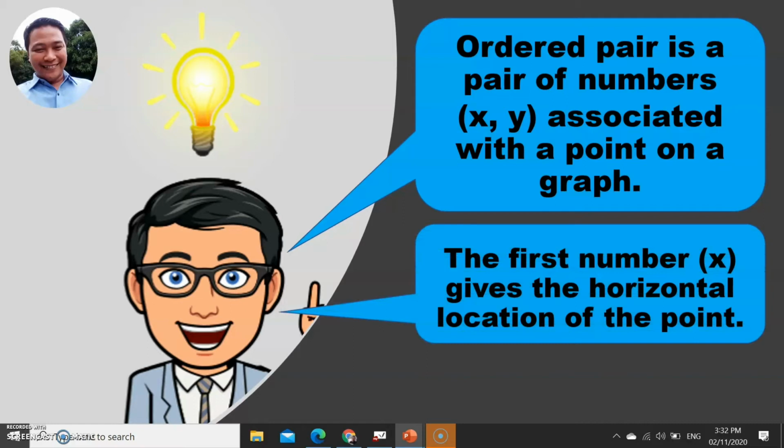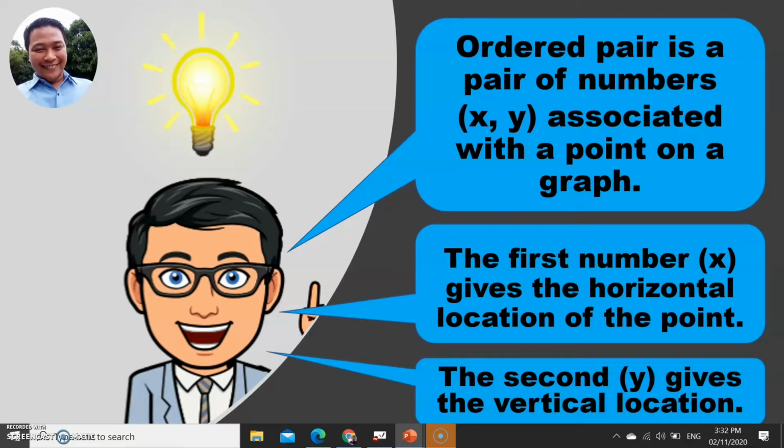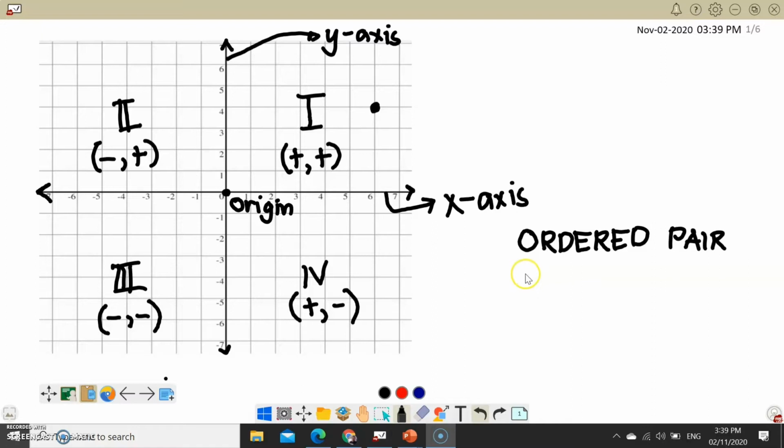The first number x gives the horizontal location of the point, and the second number y gives the vertical location. An ordered pair is represented by the values of x and y.